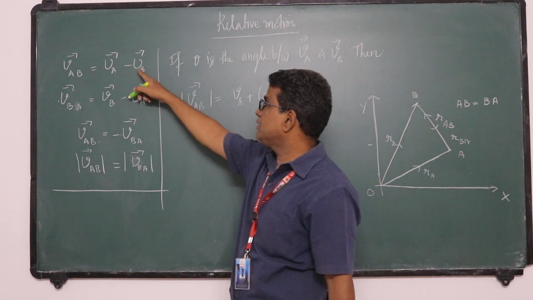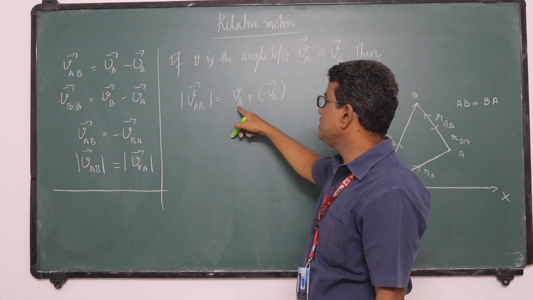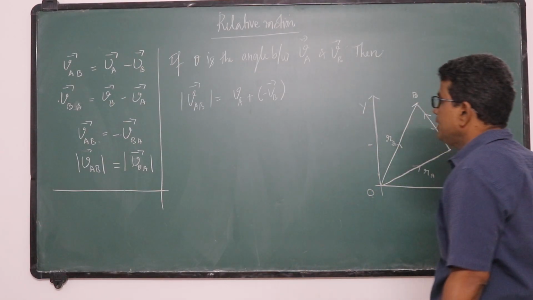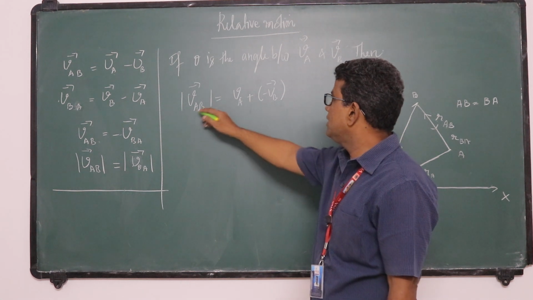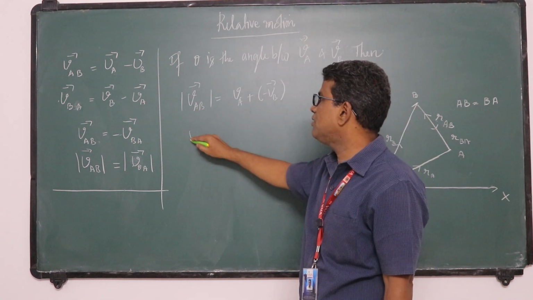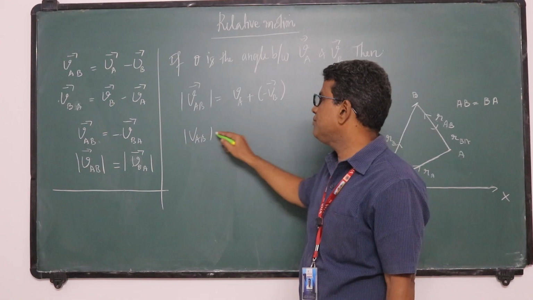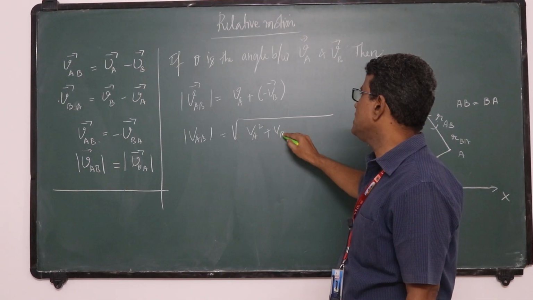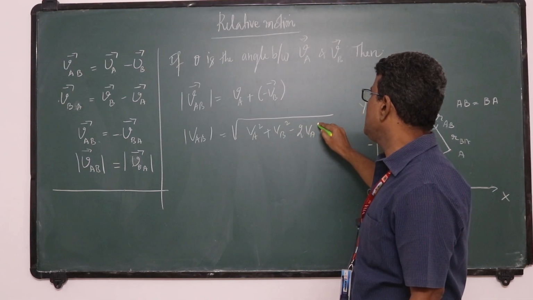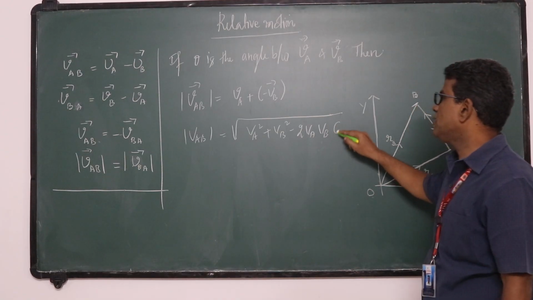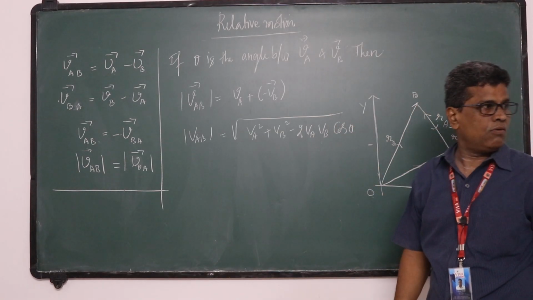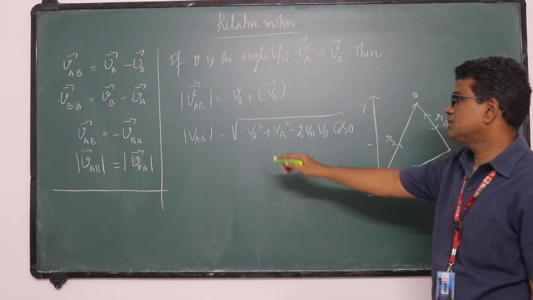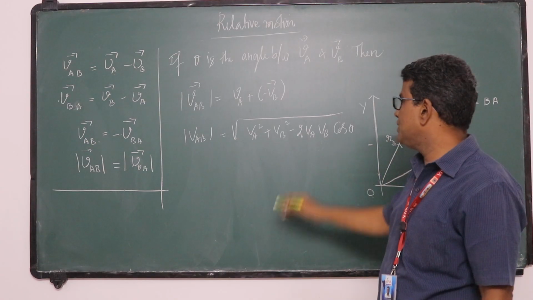By adding the negative vector of VB to VA, you will get VA minus VB. So if the angle between VA and VB is theta, then what is the mod of this? From the parallelogram law of addition of vectors, we have the square root of VA square plus VB square minus 2 VA VB cos theta. So how did I get this? From the parallelogram law of addition of vectors. So I got the magnitude of VAB.